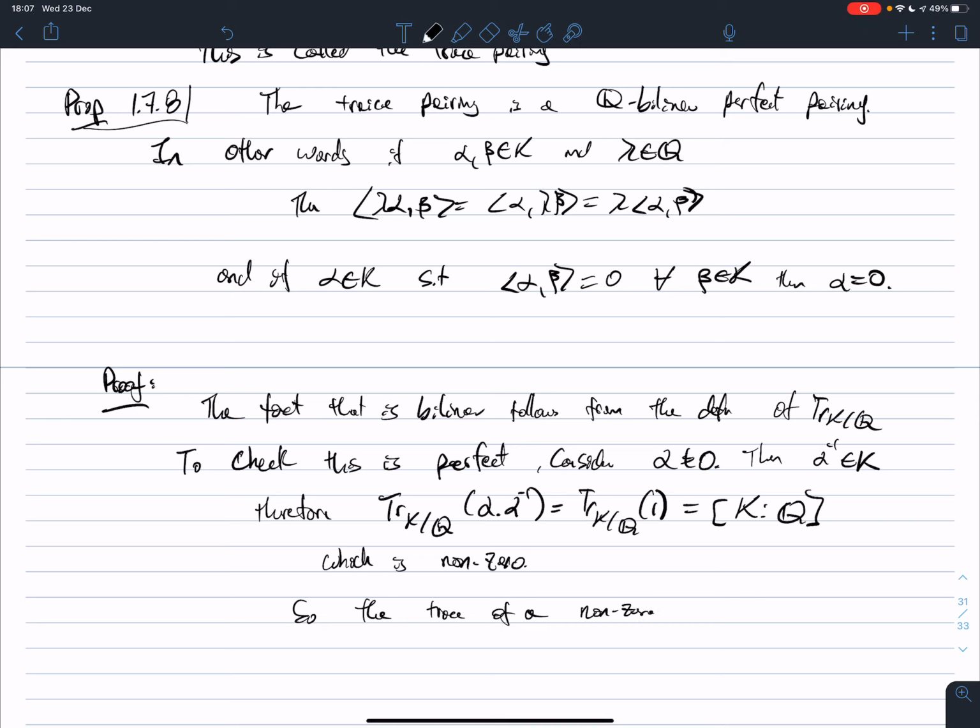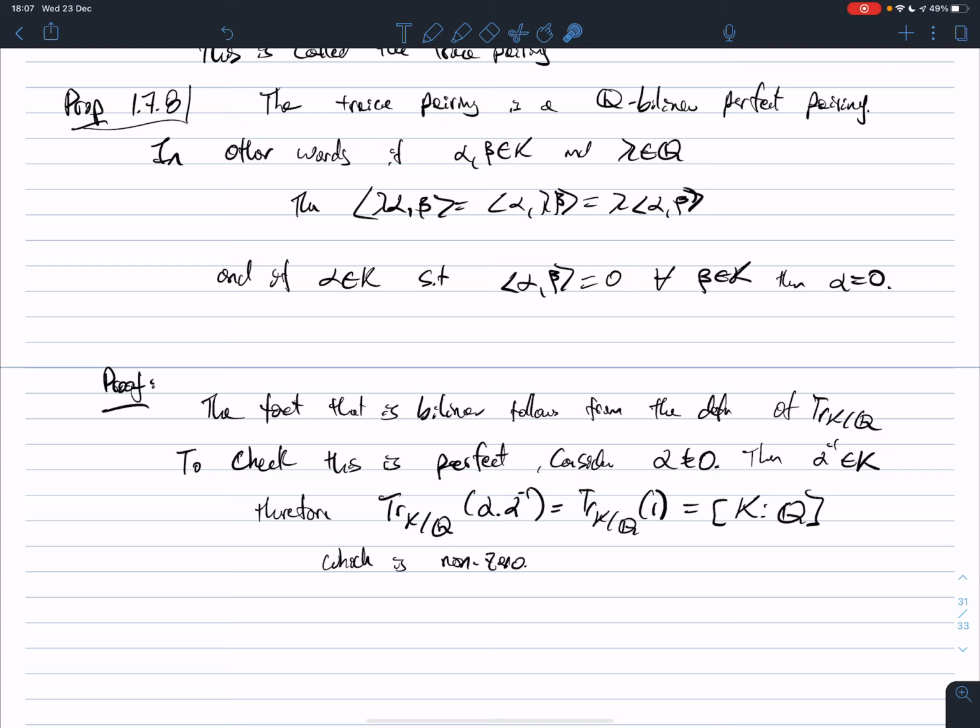So for me to check that it was perfect, if it weren't perfect, I would be able to find some nonzero alpha such that the pairing of alpha with every beta is 0.